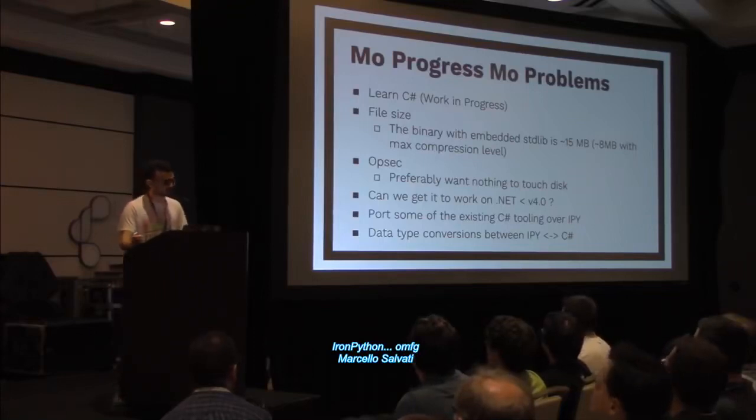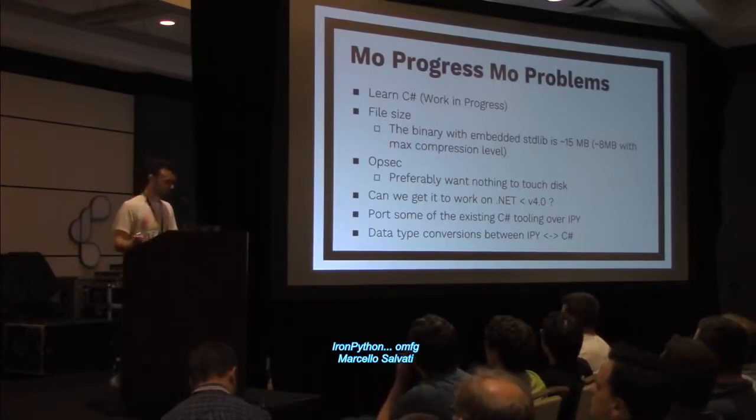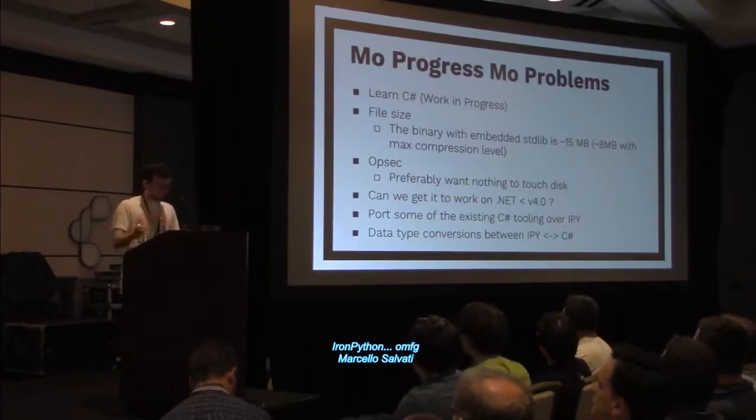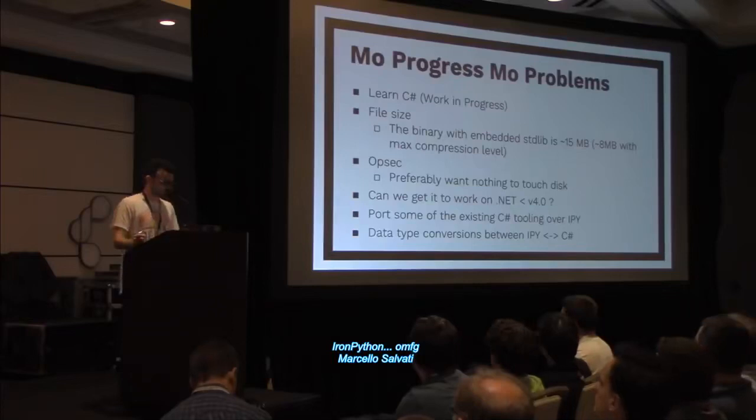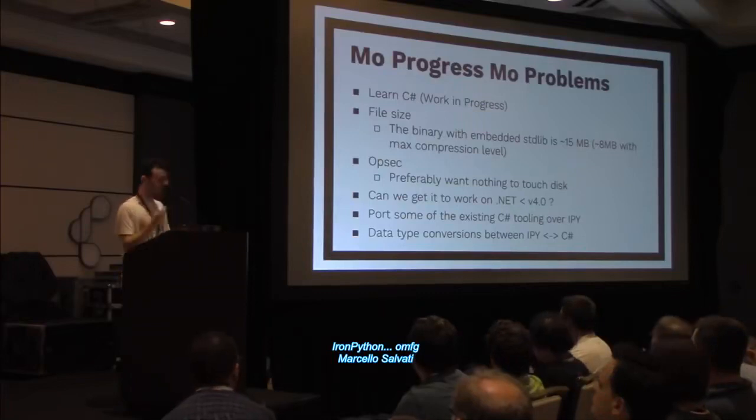If you compress that standard library to the max compression level that the zip file allows, the binary becomes around 8 megabytes, which is still way too big. From an OPSEC perspective, I preferably do not want this to touch disk. That'd be great. And can we get this to work on .NET version 4.0, which we'll talk about if we have time.